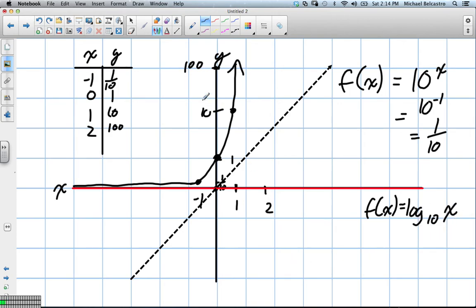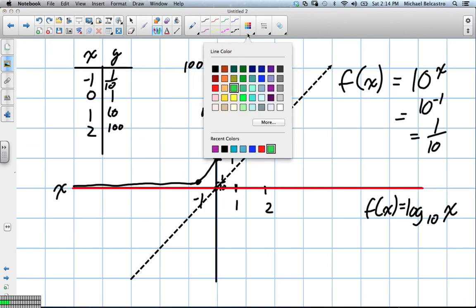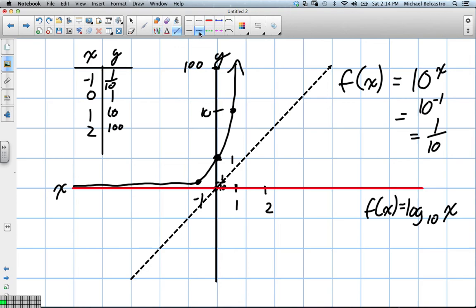So let's try to keep an idea of how these points are going to flip. We've written them down here. We now have what? A vertical or horizontal asymptote with our log? Vertical. Yeah, this becomes a vertical asymptote. So through here we have a vertical asymptote. With that being the case, essentially what's happened is our y values now become our x values, and our x values become our y values.